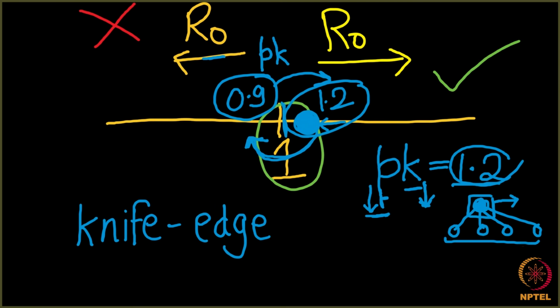Edge of a knife here. So a little bit on this side you come, the disease will vanish from the network, and a little bit if there is an increase here, the disease will become an epidemic. So that is the importance of this value, the basic reproductive number. It very well defines whether your disease is becoming an epidemic or not.